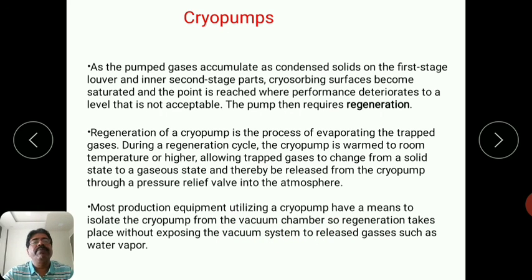So there is a valve, and that valve is closed, so your cryopump is isolated from the vacuum chamber. Then the cryopump itself is kept at an elevated temperature, about room temperature or slightly higher, so that the solids which are condensed or adsorbed are once again converted into gases, and they are removed through an exhaust valve into the atmosphere. So the surfaces are made empty.